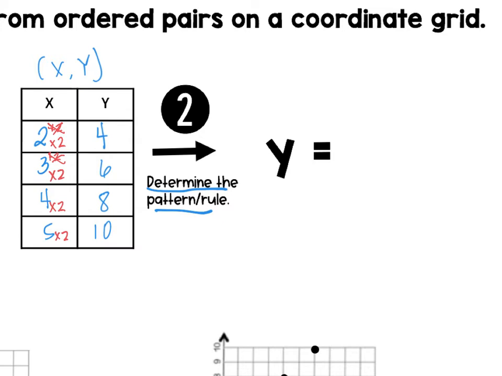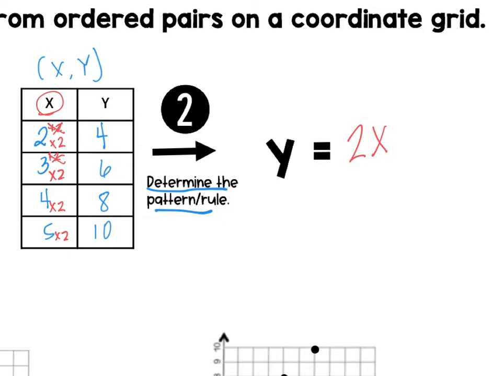So our pattern or rule is y equals 2 times x. That means every time we have an x value, we are going to multiply it by 2. So we took our x value of 2, multiplied it by 2, and got 4.